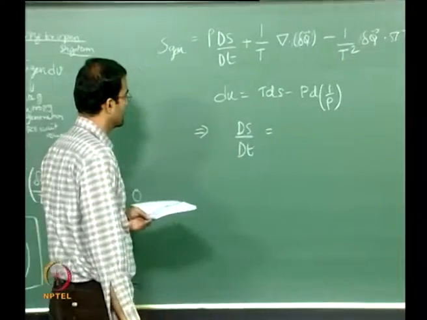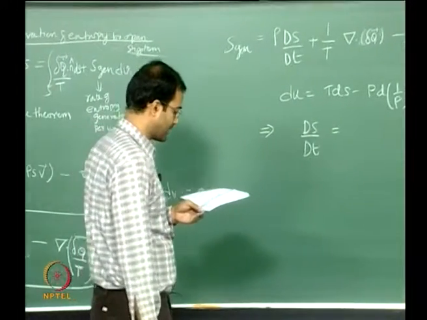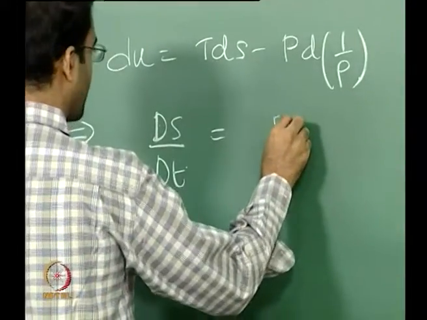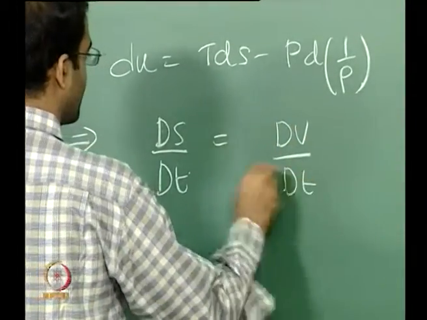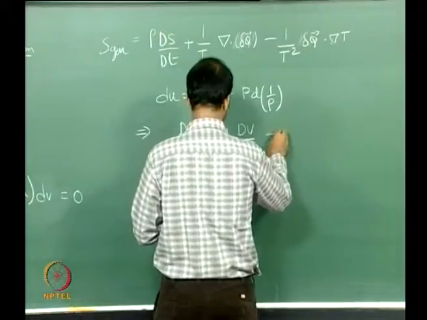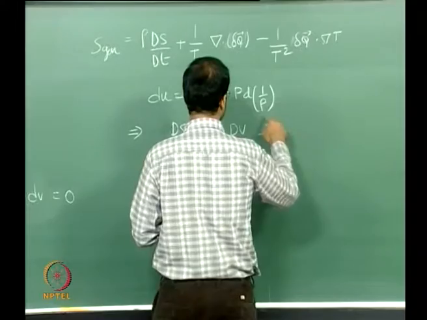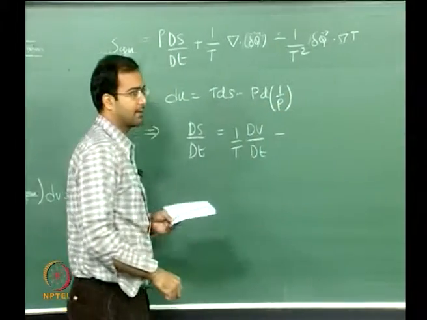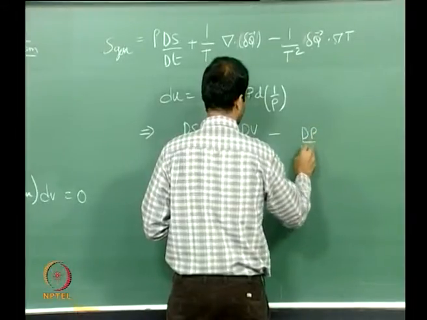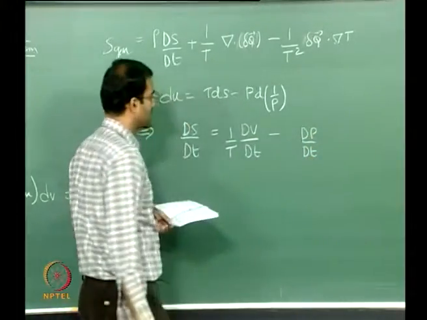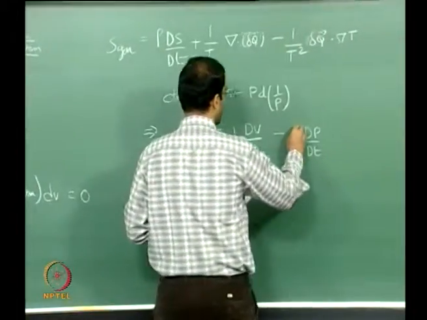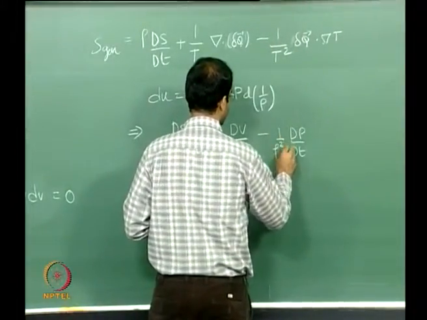Okay. So if I express ds by dt, I can write this as du by dt, taking 1 by T to the other side, minus, if you can express this as d rho by dt, so what should be the remaining term? Rho square and T, right?